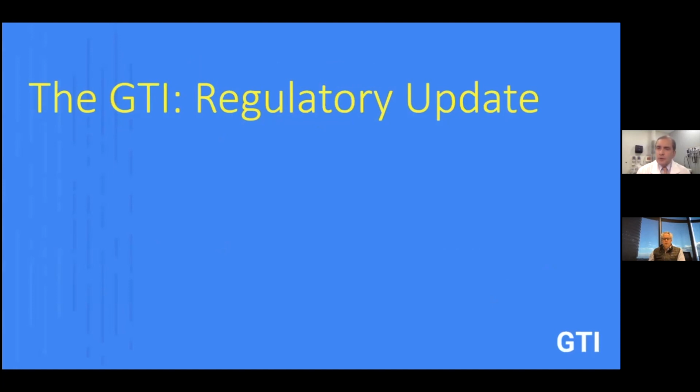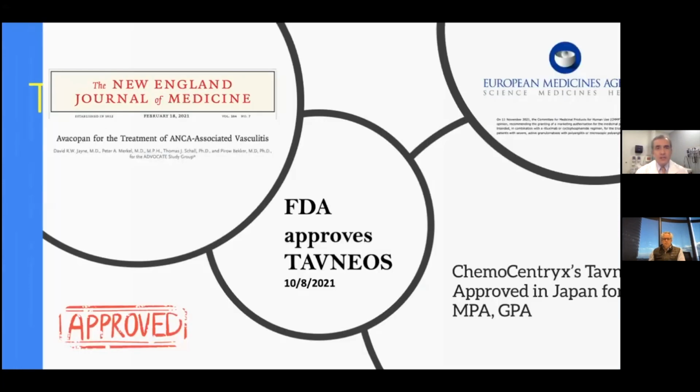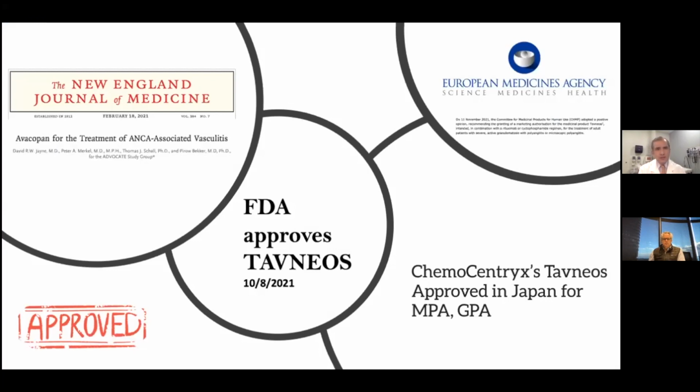So here's a brief regulatory update. Really exciting news in this space. You may have been following this story. Earlier this year, in February of 2021, the New England Journal of Medicine published the Avacopan paper, the phase 3 clinical trial of the ADVOCATE study. This led to the approval worldwide of Avacopan, a novel complement inhibitor for the treatment of ANCA-associated vasculitis.